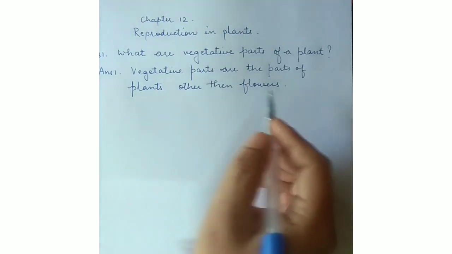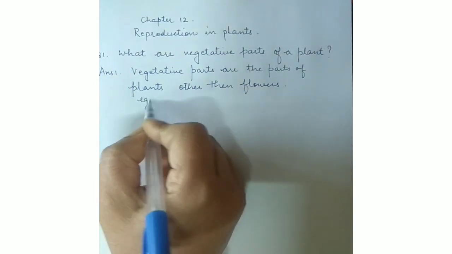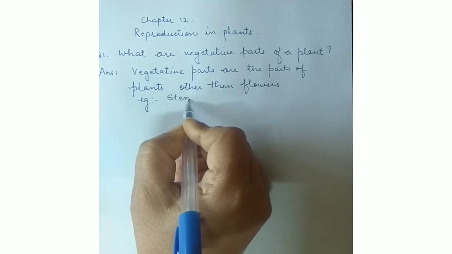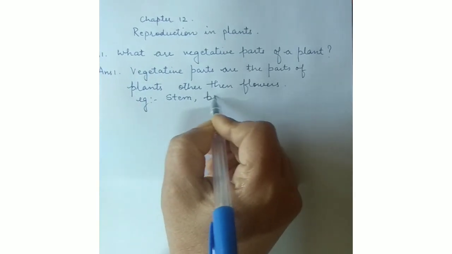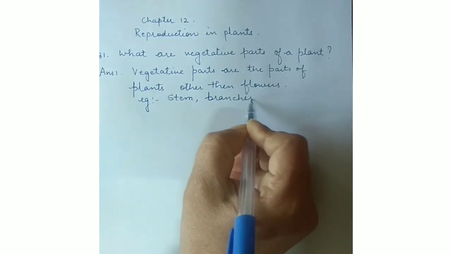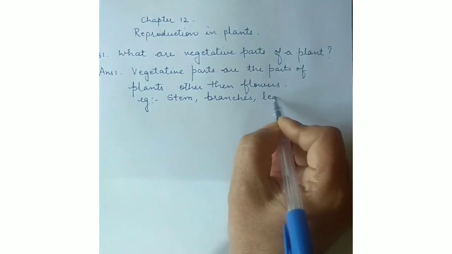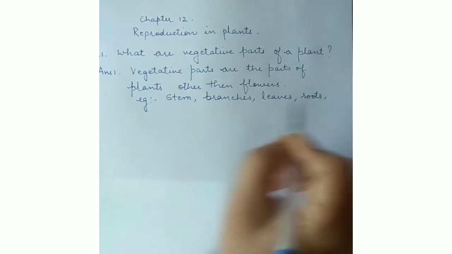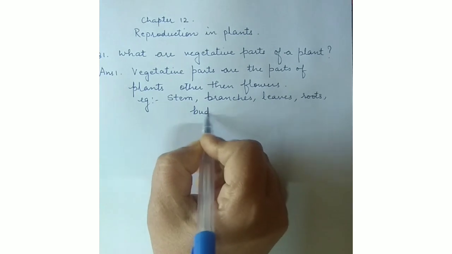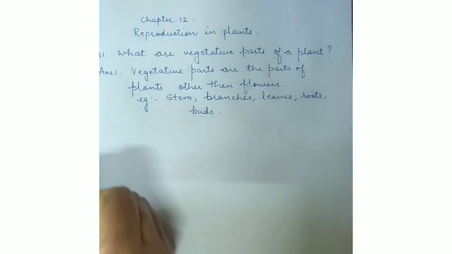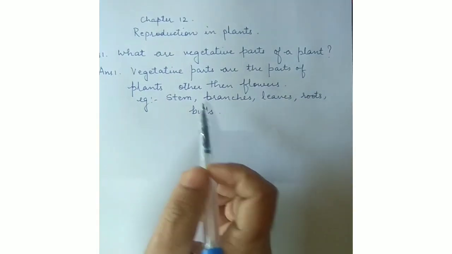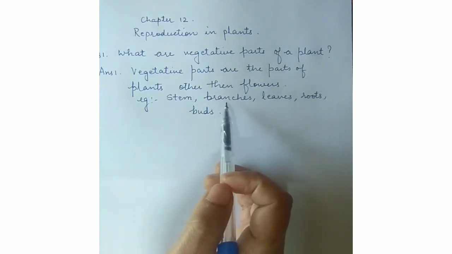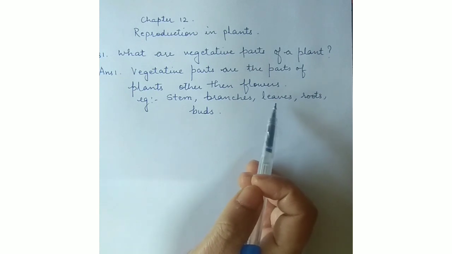Okay. Now, also give examples of these parts like stems, branches, leaves, roots, and buds. Various methods are used in this vegetative propagation, that is cutting, layering, budding, mounding.